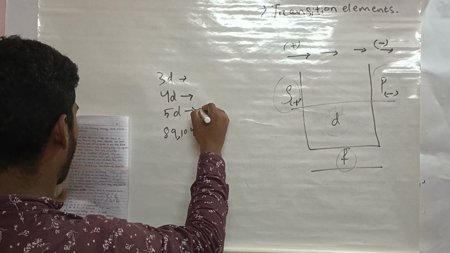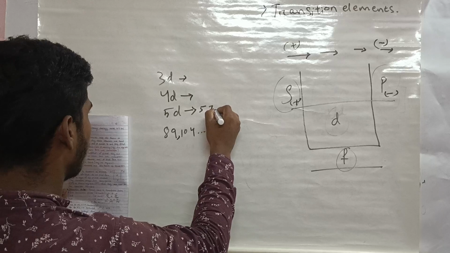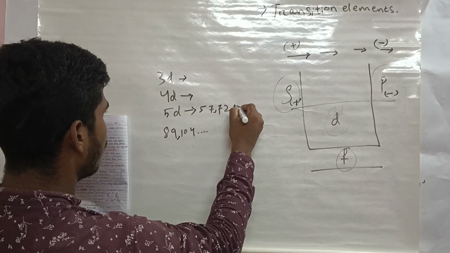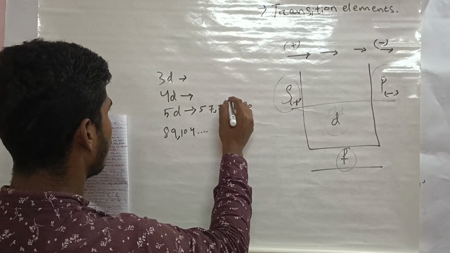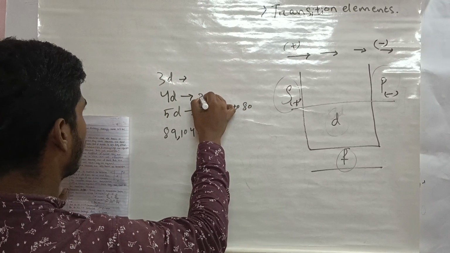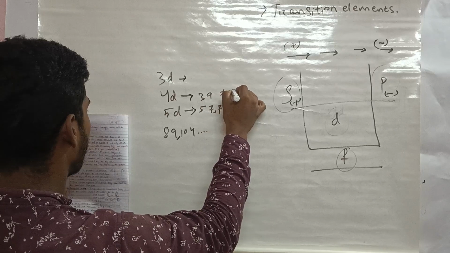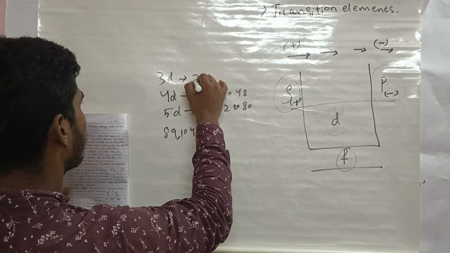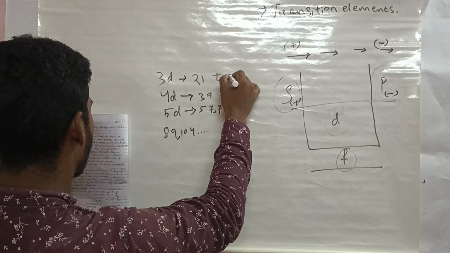For 5D, it is 57, 72 to 80. Here 39 to 48, and this is from 21 to 30.